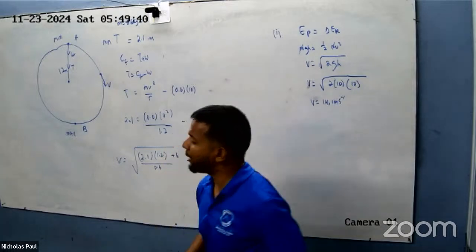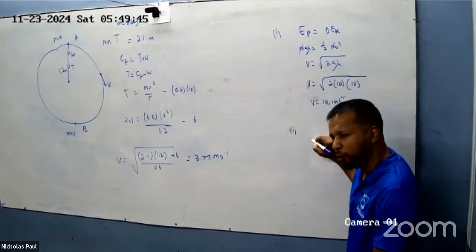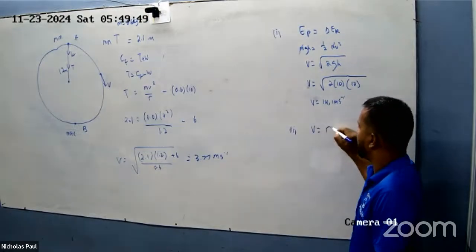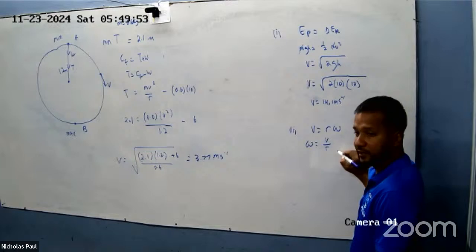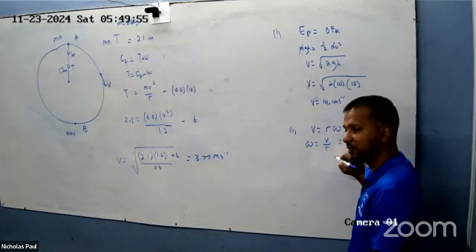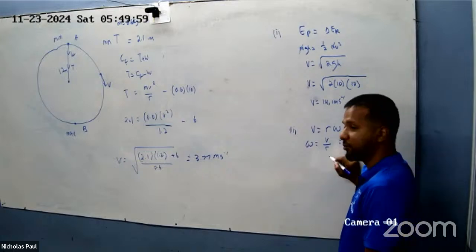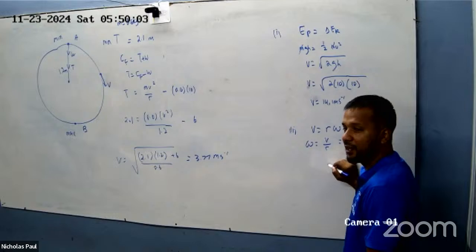Come again, part two there earlier. We just found v, yeah? Right, v is equal to r omega, so omega is v on r. I'll drop it for you. You see that? But why would you use omega is 2 pi on T? You don't know T.